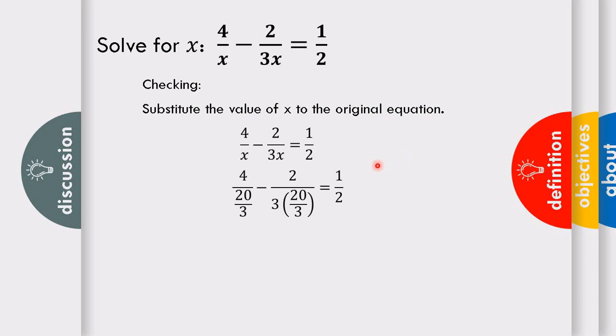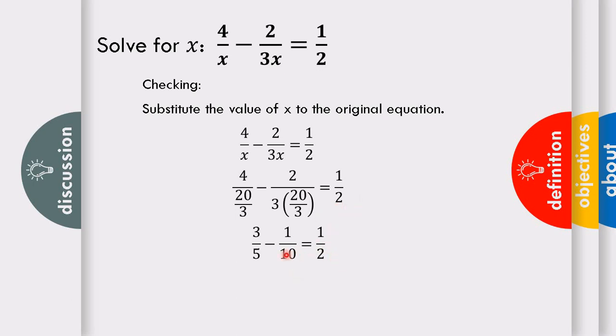Substitute 20 over 3 to x. So 4 over 20 over 3, subtracted by 2 over 3 times 20 over 3, equals 1 half. So 4 divided by 20 over 3 is 3 over 5, while 2 over 3 times 20 over 3 is 1 over 10. And lastly, equal to 1 half.